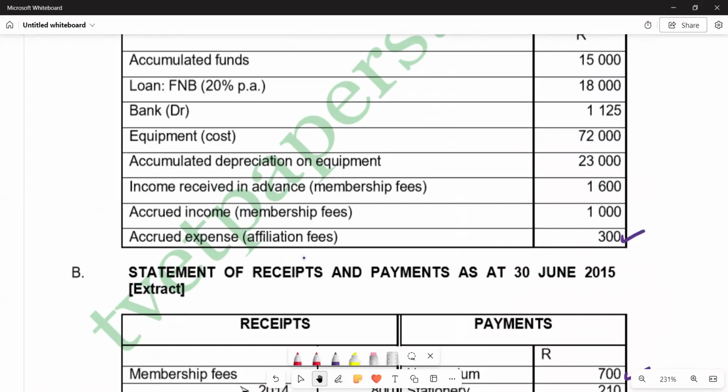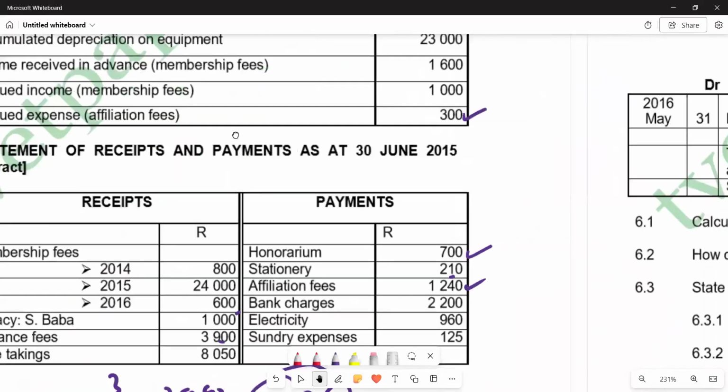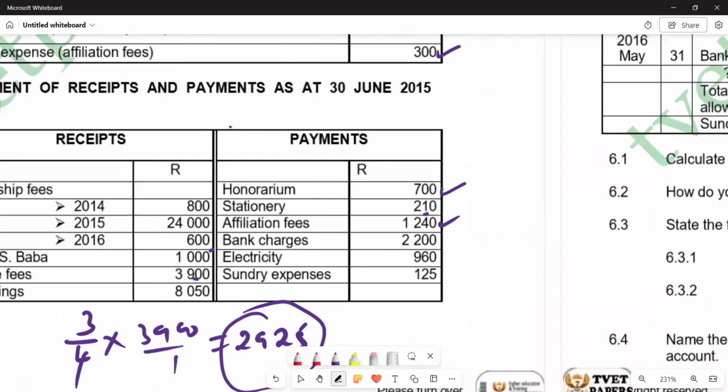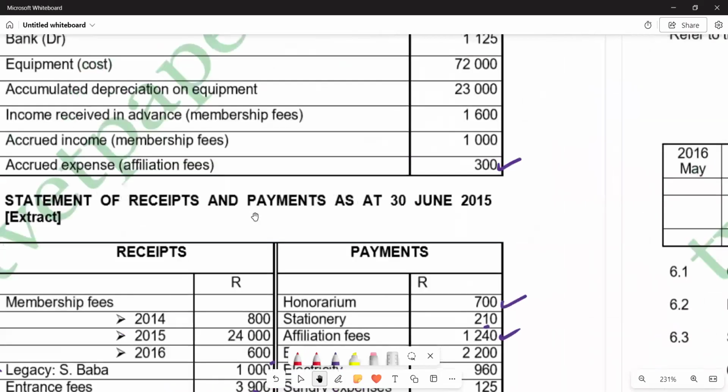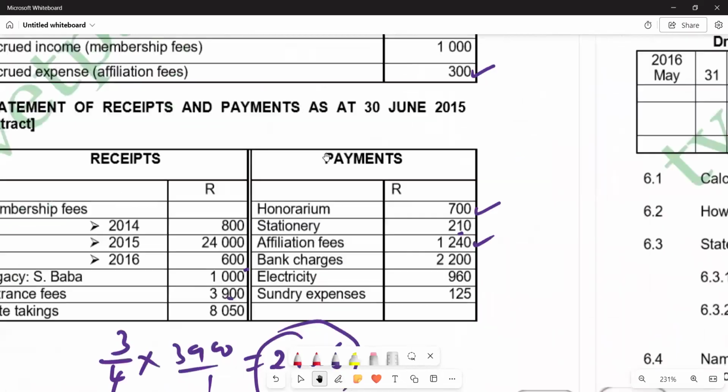So out of the 300, if you go to the receipts and payments, you'll see that the total affiliation fees paid is 1,240, which automatically means the 300 that was owing at the beginning of the period also was paid during the current period. So it's inside the 1,240.